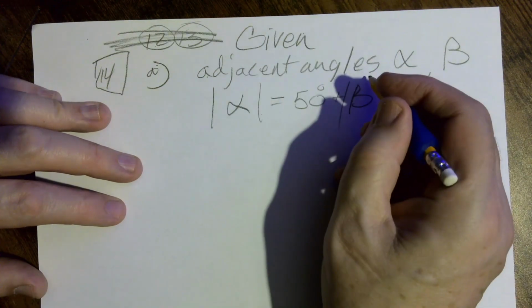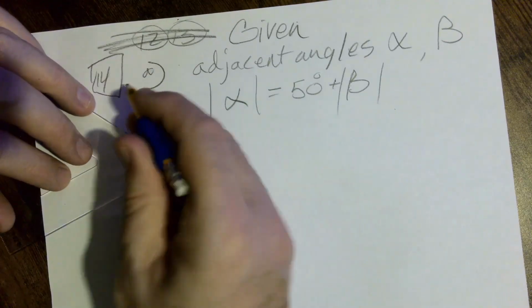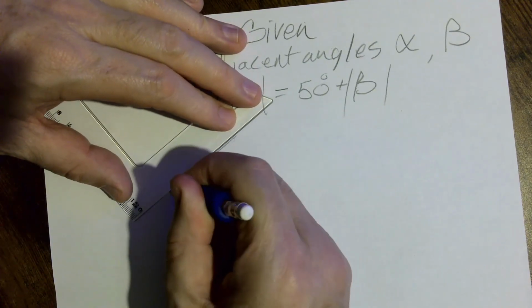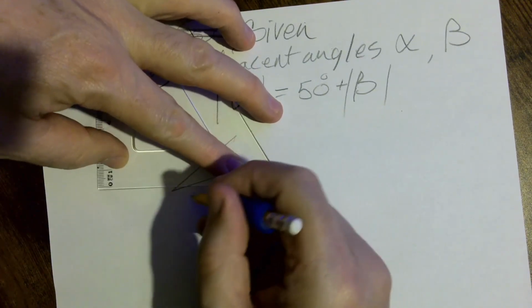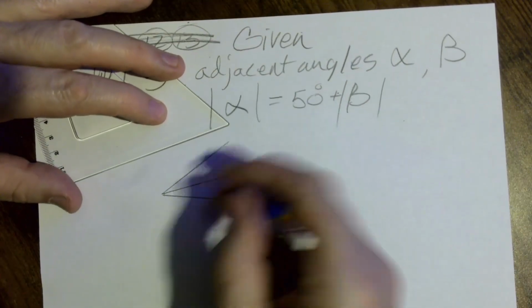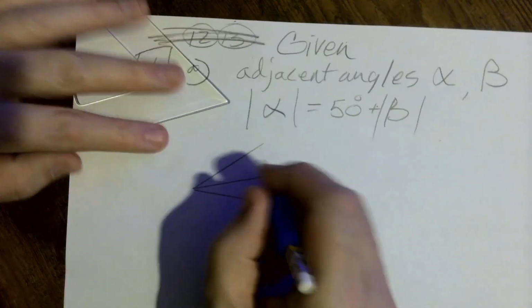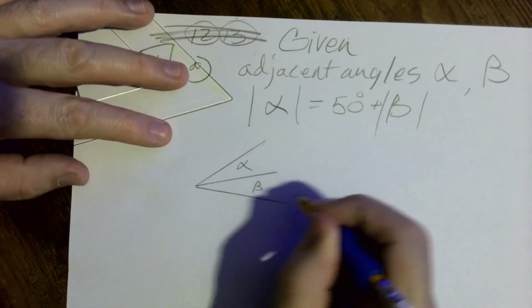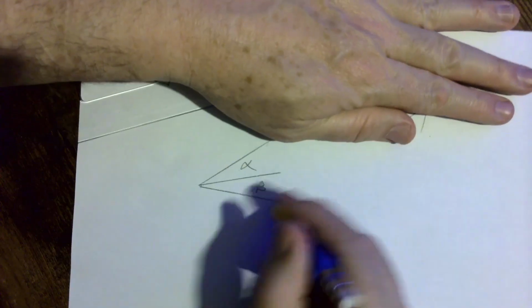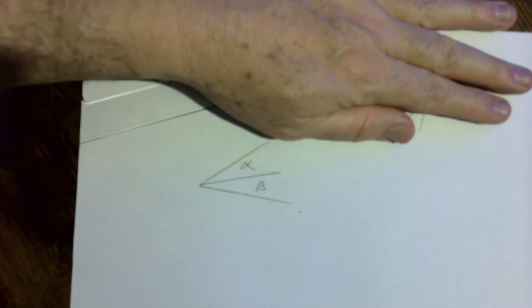Now we have to assume something here. There's something else given, because there has to be on number 14. If this could be alpha, this is beta, maybe not with this property necessarily, but these are adjacent angles.